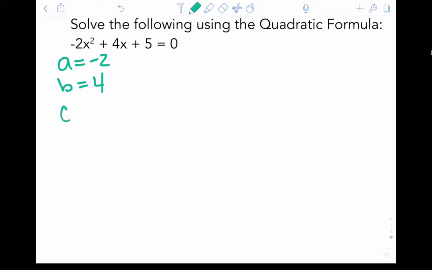And then I want you to write out the formula. So I have x equals negative b plus or minus the square root b squared minus 4ac all over 2a. And now I'm just going to plug my numbers into this formula.